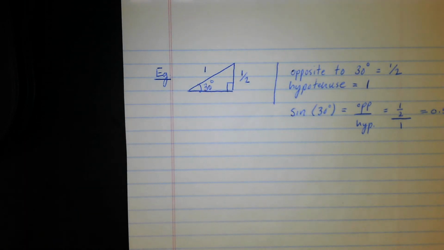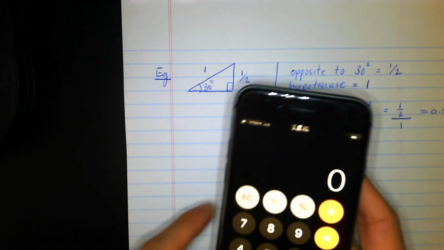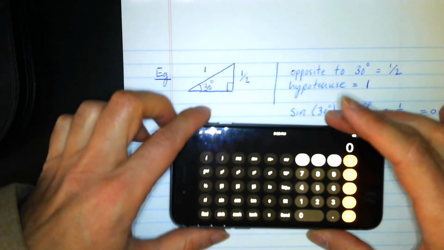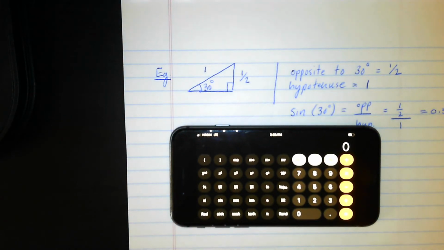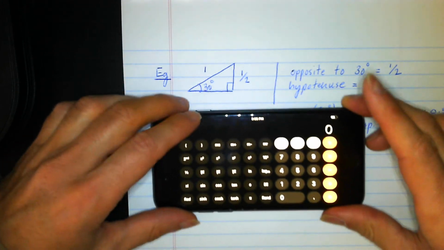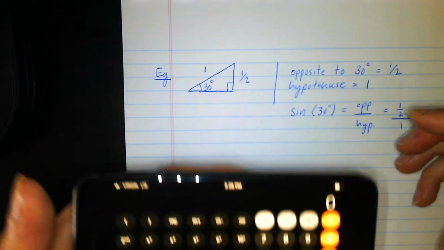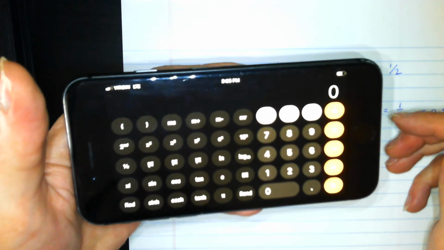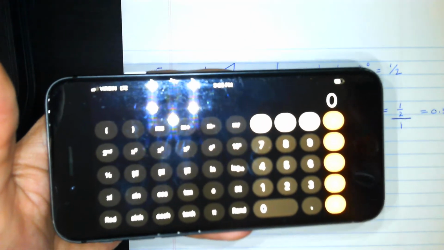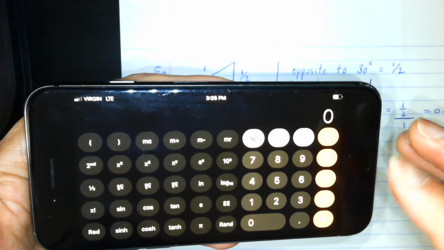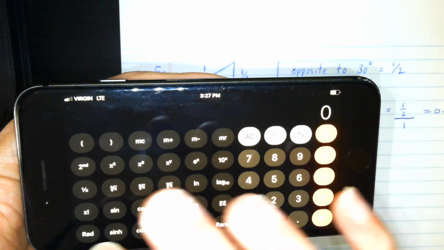Okay, so what do the trigonometric functions do? Well, it tells me exactly what that ratio is. So let me just pull out a calculator here. Let's see what happens when we punch in sine of 30 degrees. Now make sure you're in degrees.